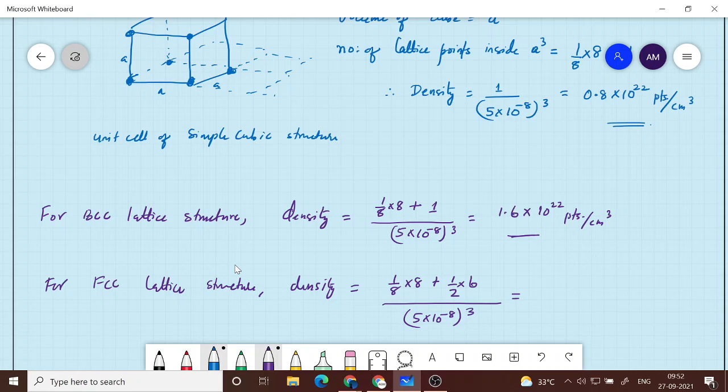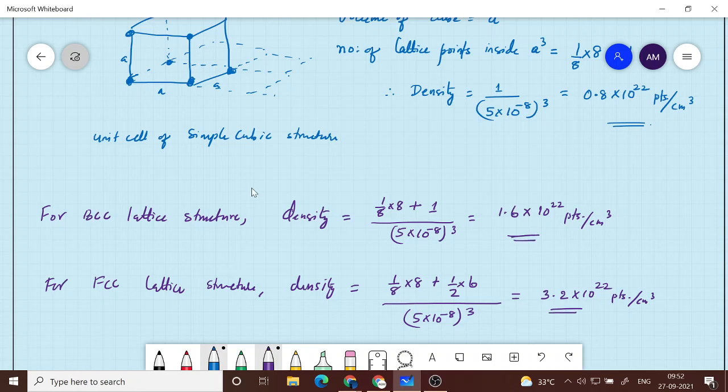So it will be double that of the body centered cube, which is 3.2 into 10 raised to 22 points per centimeter cube.